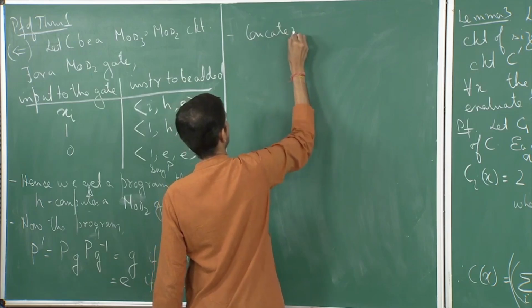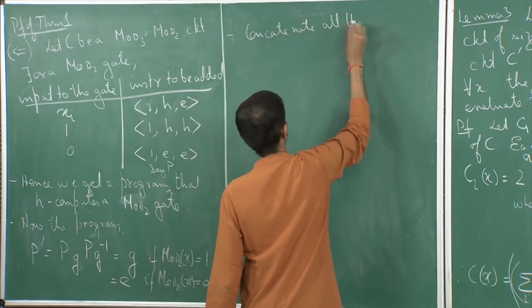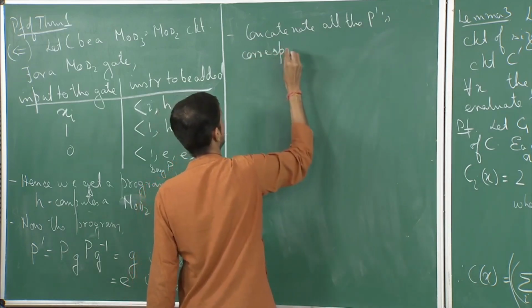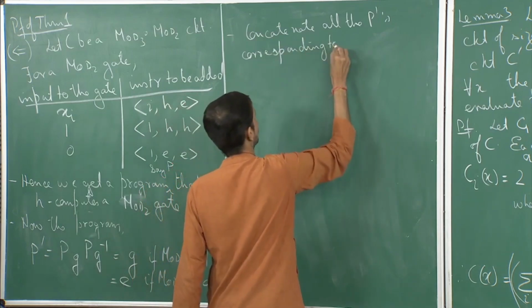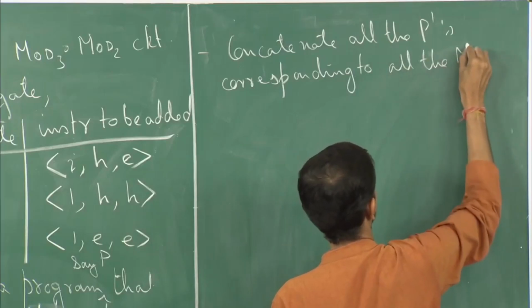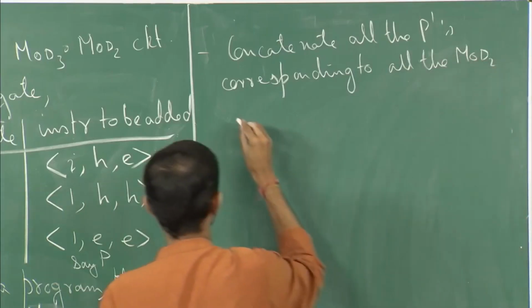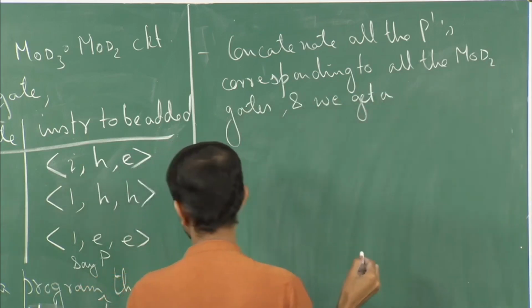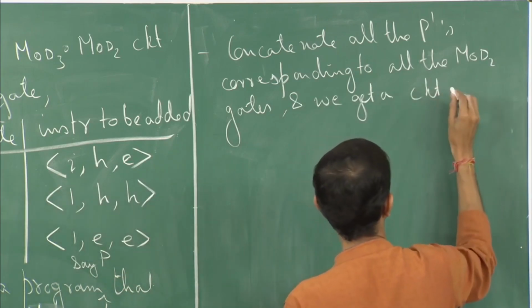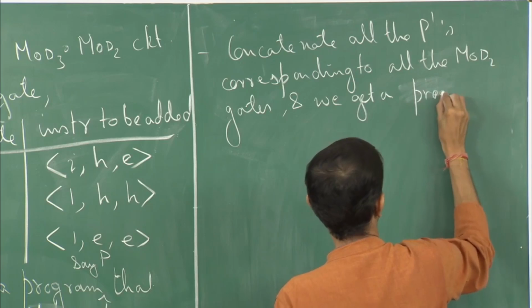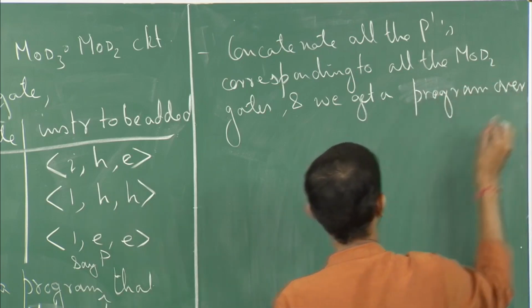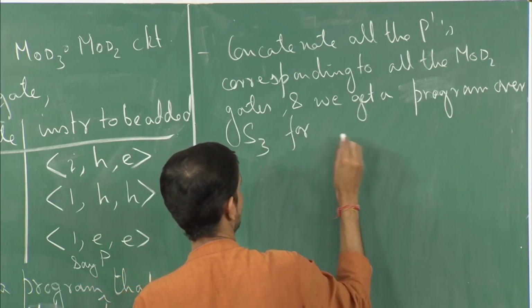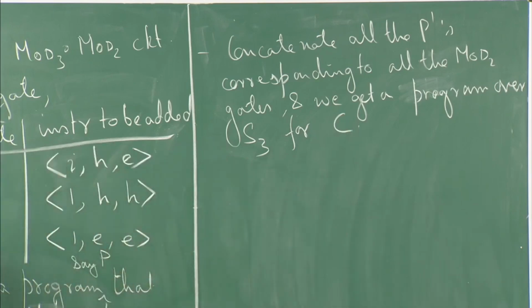concatenate all the P primes corresponding to all the mod 2 gates, and we get a program over S3 for the circuit C. Okay.